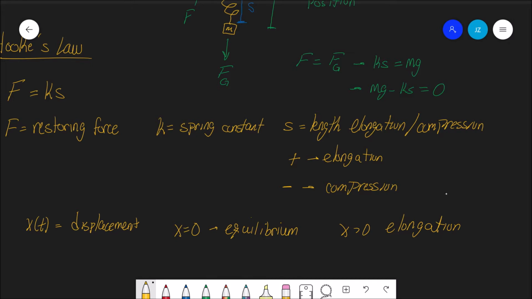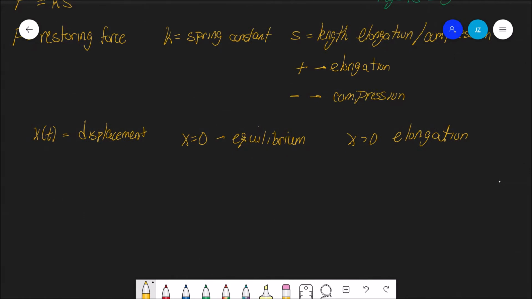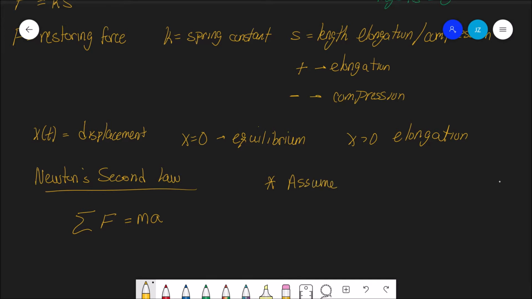To study this motion, we're going to apply Newton's second law, which states that the sum of all the forces acting on an object is equal to the mass of the object times the acceleration. Furthermore, we're going to assume there are no external forces.